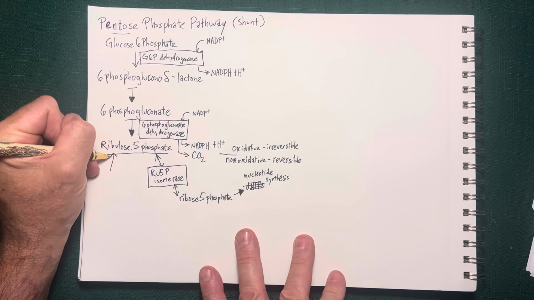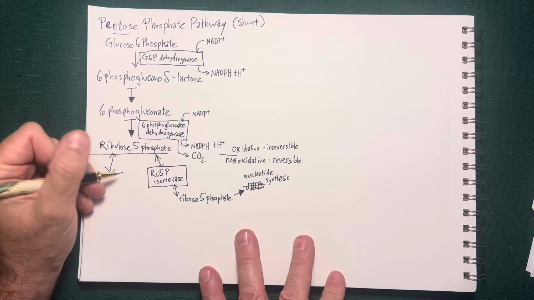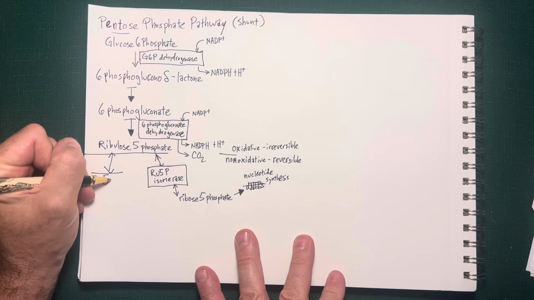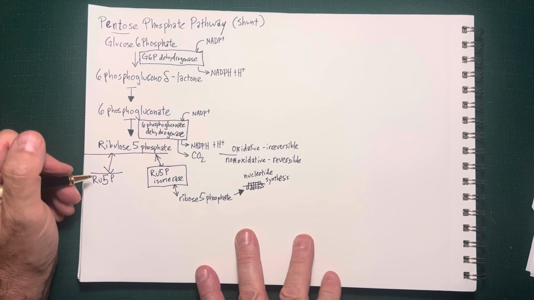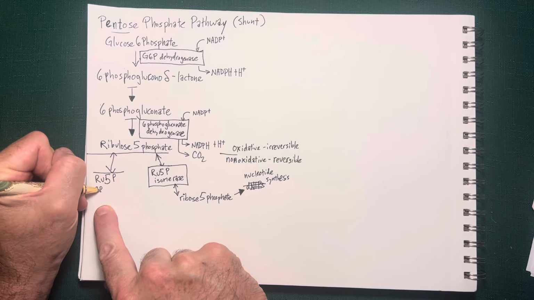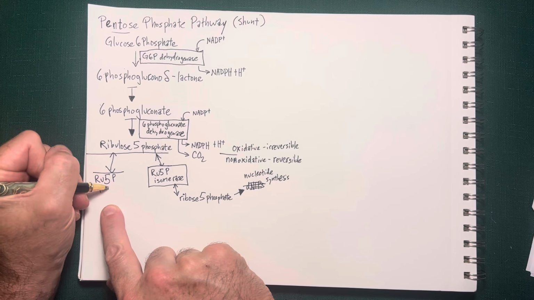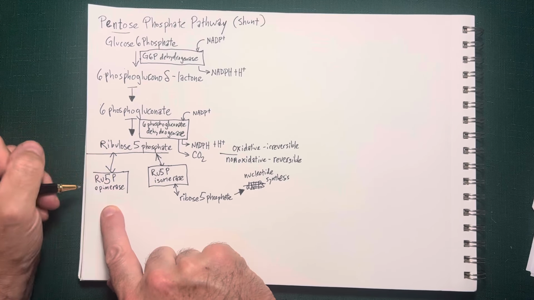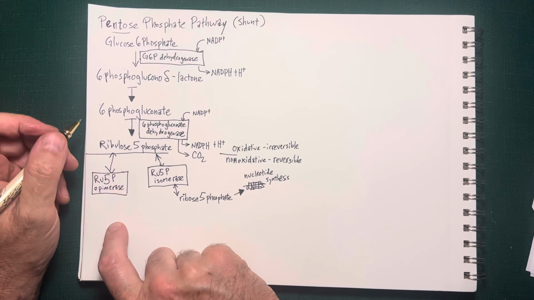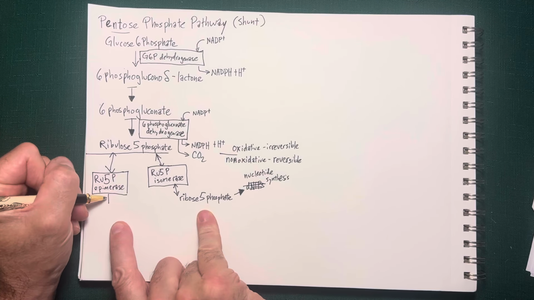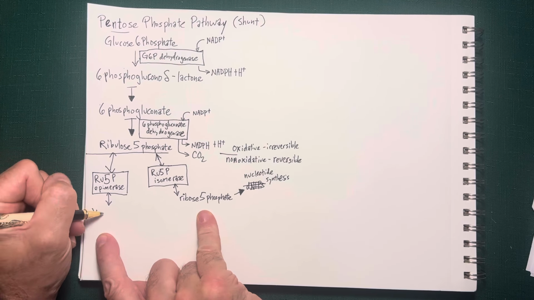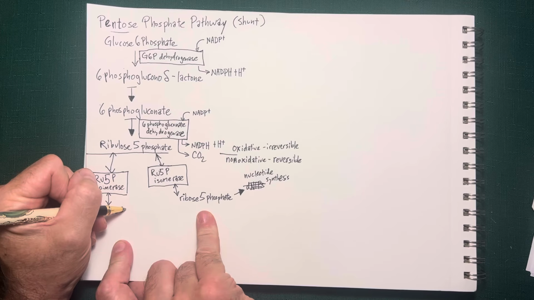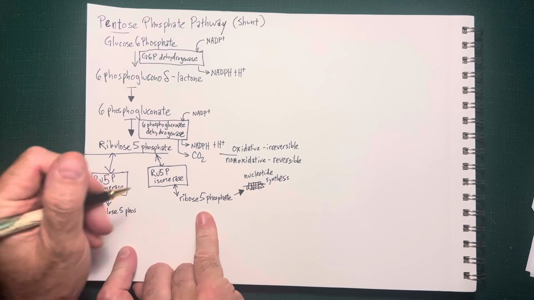But another thing we can do with the pentose phosphate pathway is this is going to be ribulose 5-phosphate epimerase. And that is going to give us xylulose 5-phosphate.